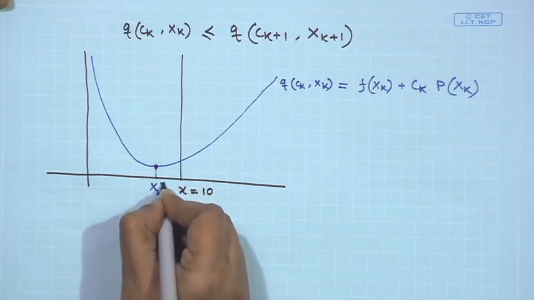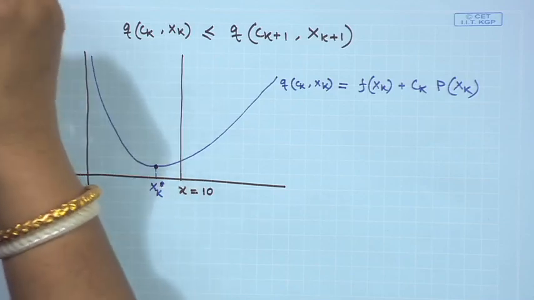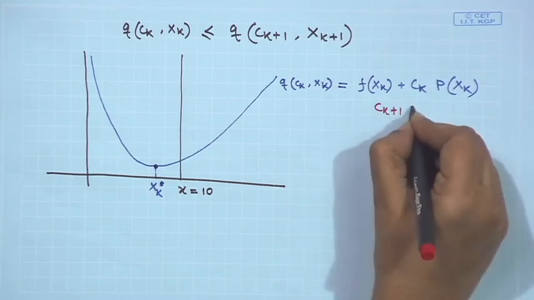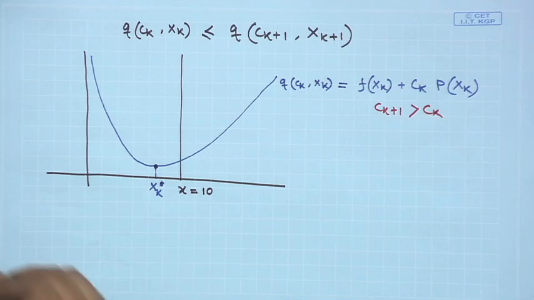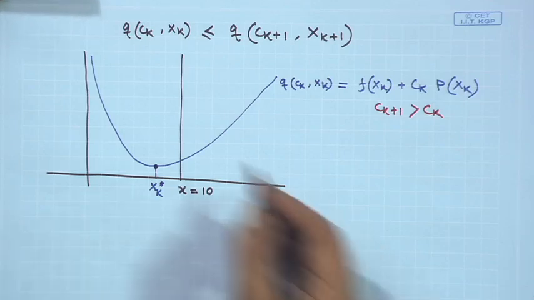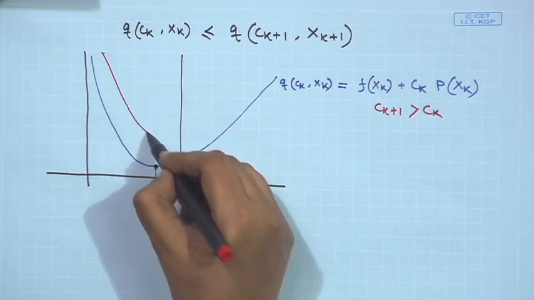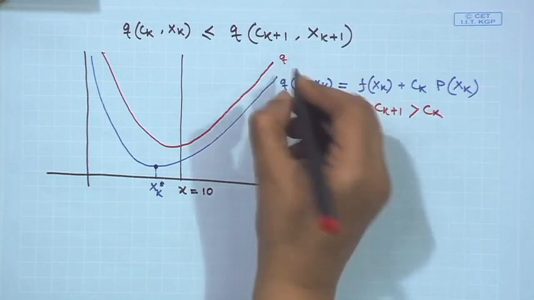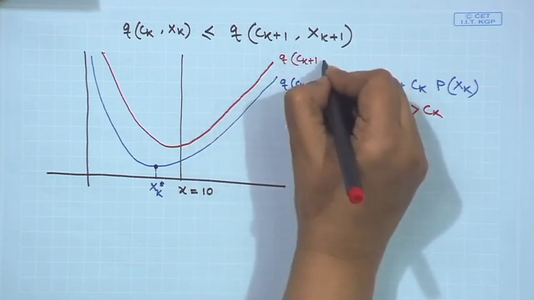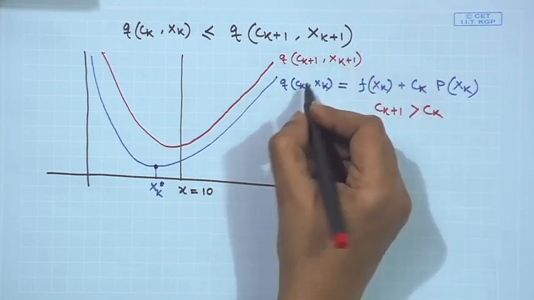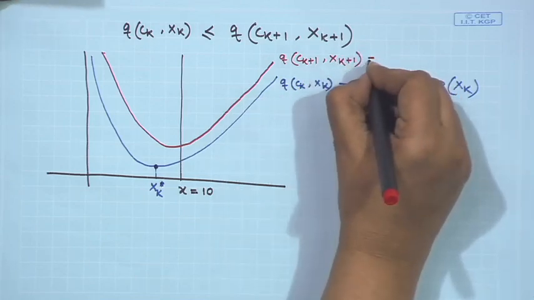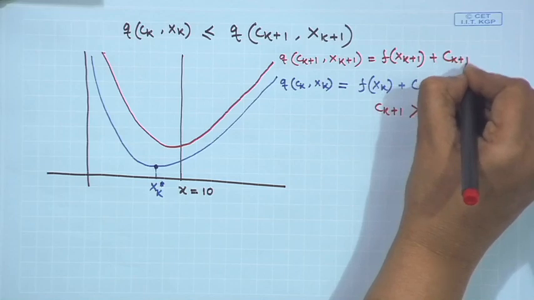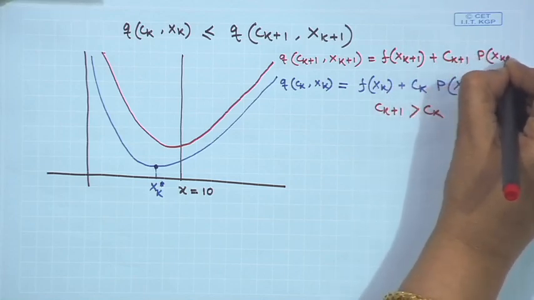That is why this value would be x_k star. Okay. We are having another, if we just take c_k+1, that is more than c_k. If we consider this case, then the next function could be this one, where this function would be q(c_k+1, x_k+1), because k is changing to k+1. This is equal to f(x_k+1) plus c_k+1 p(x_k+1).